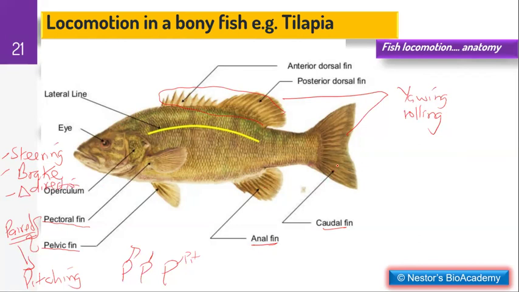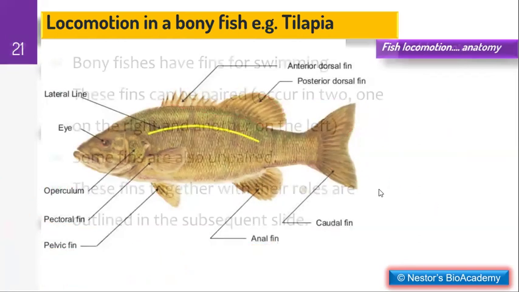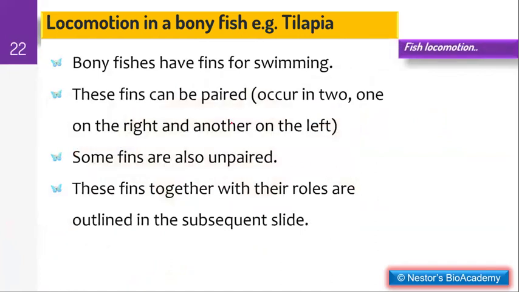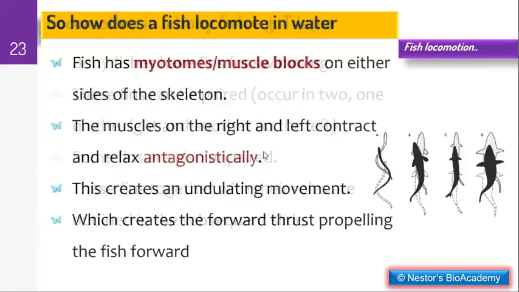Of course, the caudal fin is also very important in propelling the fish forward as the fish moves in water. So the bony fishes usually have the fins for swimming, and as we have said, they can be paired or unpaired, and then they carry out those roles which have been highlighted in the slide we just talked about.